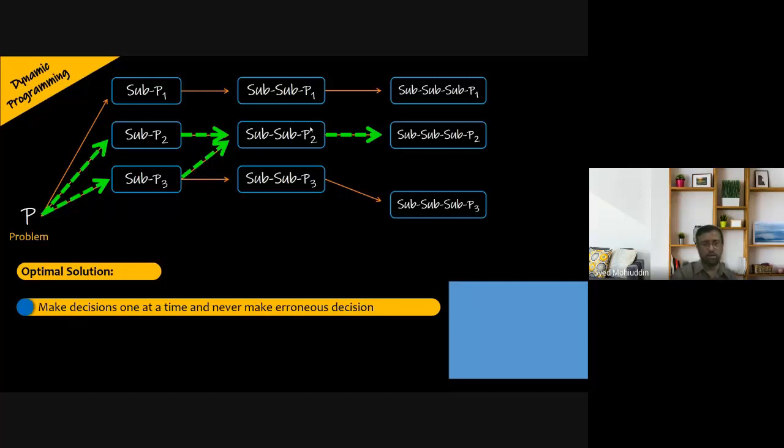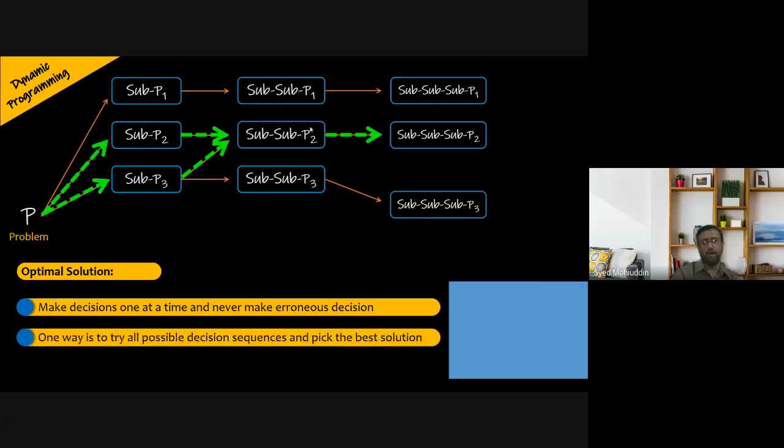That is what will lead us to the optimal solution. Now there are several possible ways to do that. One of the ways is to try all possible decisions and pick the best solution. This may not be the most efficient one, but it's the simplest one in dynamic programming: try all possible decisions and then pick the best solution.